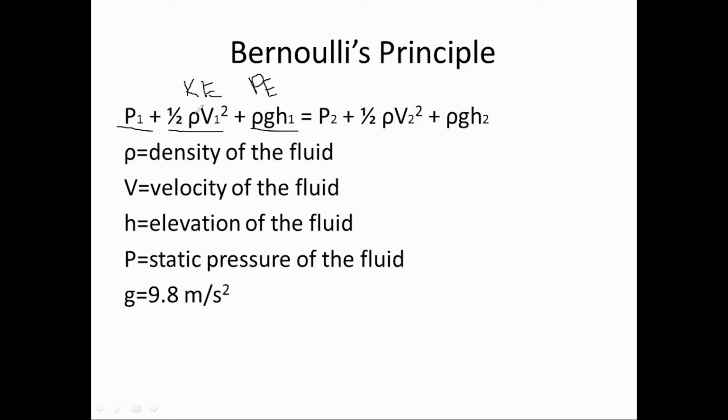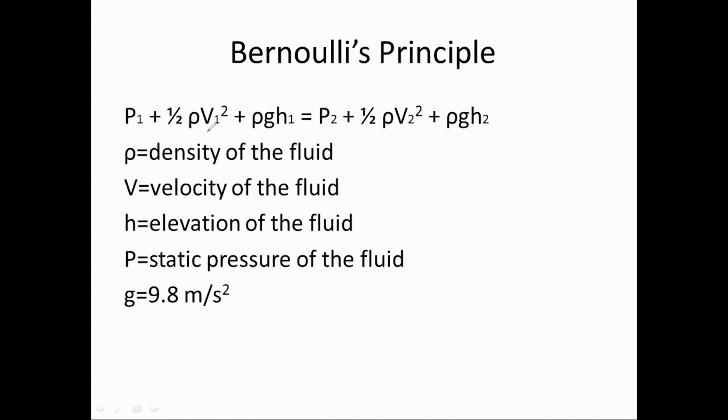The only difference is that instead of mass for a liquid, we're using rho, density, and instead of any kind of internal energy, we're using P, which is pressure. And just like with conservation of energy, the second moment is equal to the pressure, 1/2 rho v squared plus rho gh at the second moment. Essentially, this is almost exactly the same as conservation of energy, except just for fluids and fluid flow.